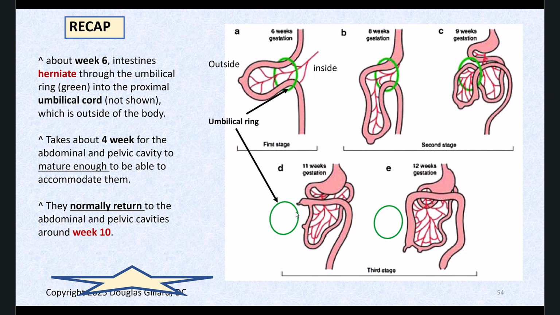And as long as the umbilical ring is open, no problem. They go back and form what looks like the intestinal system that we're used to seeing. But if the ring gets crushed, then we've got a problem. They're trapped on the outside. Just picture that ring scrunching down by 80%. You can't get back in.